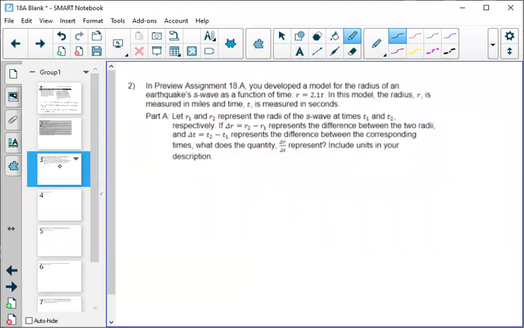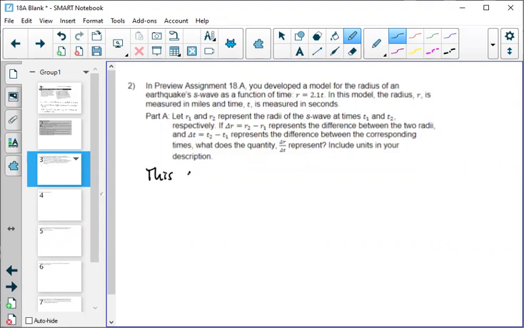Well, the quantity represents the rate at which the radius increases per unit of time. Since R is measured in miles and T is measured in seconds, delta R over delta T is measured in miles per second. So let's write some of that down.